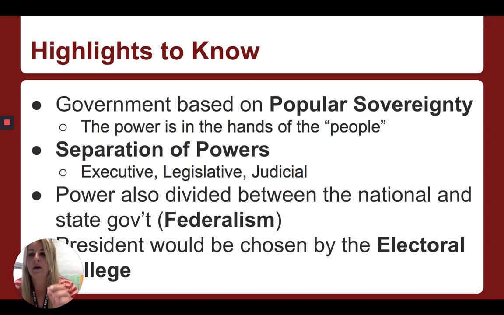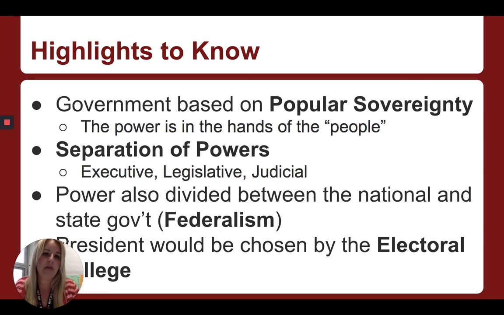Another thing that they had was that the president would be chosen by the Electoral College. Basically, there is a group of people who get the right to be part of the Electoral College. They take the popular vote within a state, and based on that, they make the final decision of how that state is going to vote.